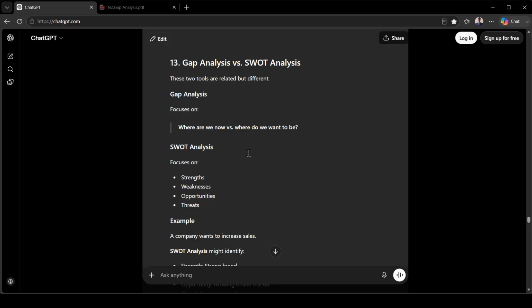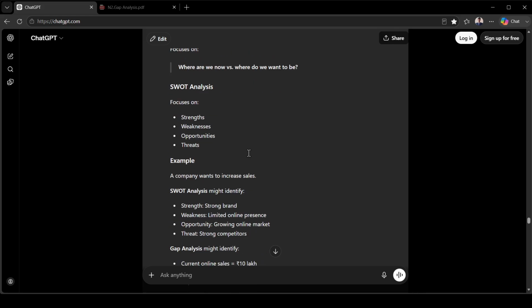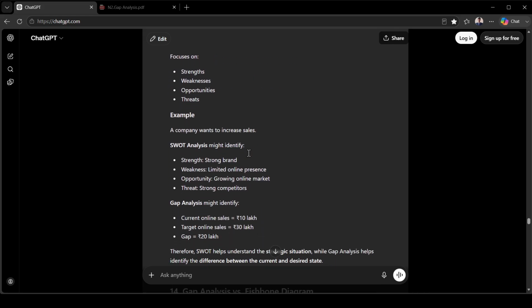But SWOT analysis, what is SWOT? It focuses on strengths, weaknesses, opportunities, threats. Example: a company wants to increase sales. SWOT analysis might identify strength: strong brand; weakness: limited online presence; opportunity: growing online market; threat: strong competitors.